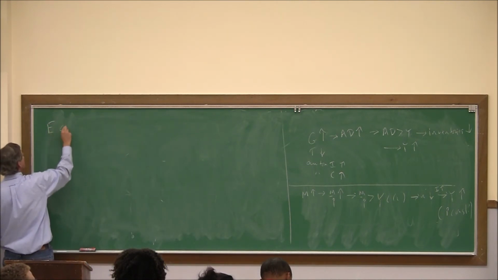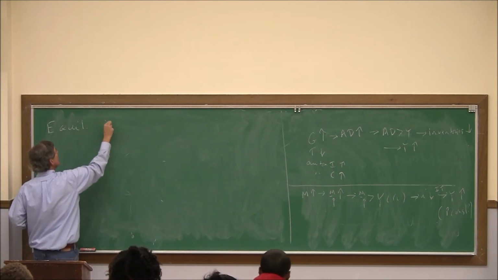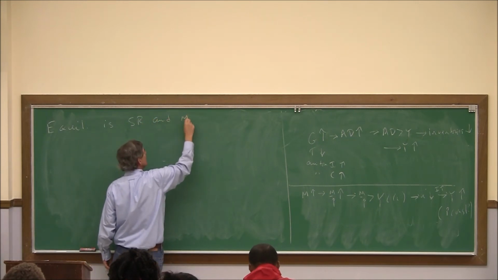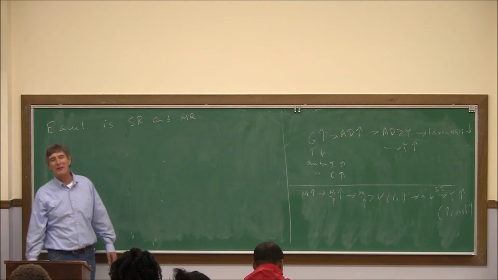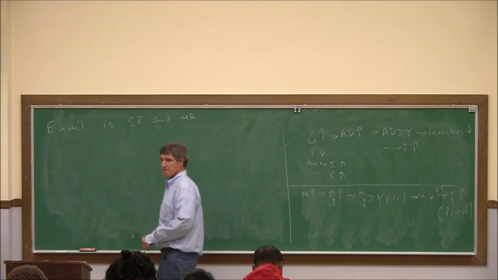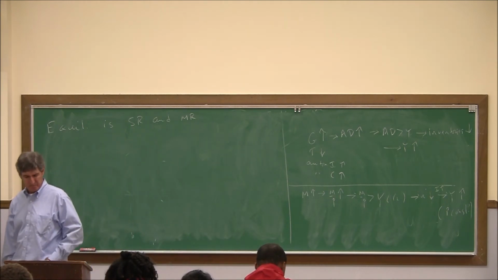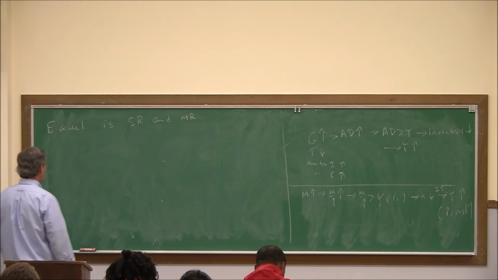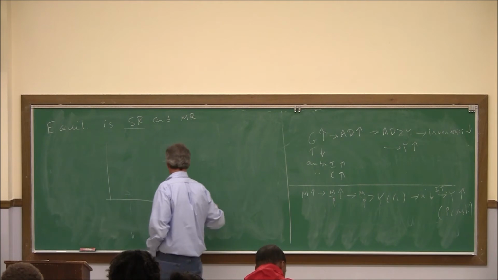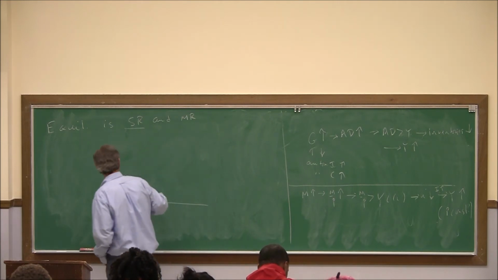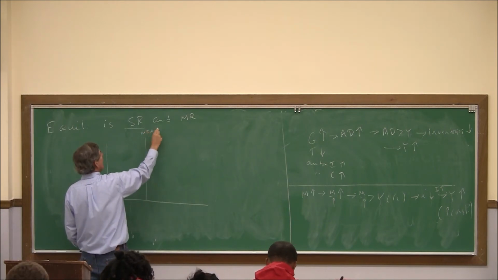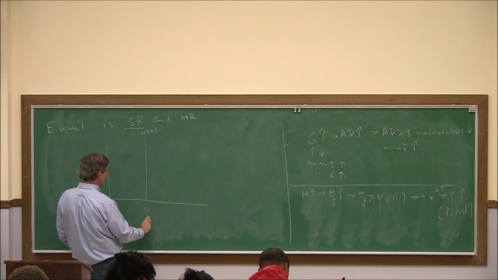Now we're just going to play around with the model a little bit. Equilibrium in the short run and medium run. Let's look at the short run equilibrium first. So now we have a model where we have a medium run aggregate supply curve at YN.